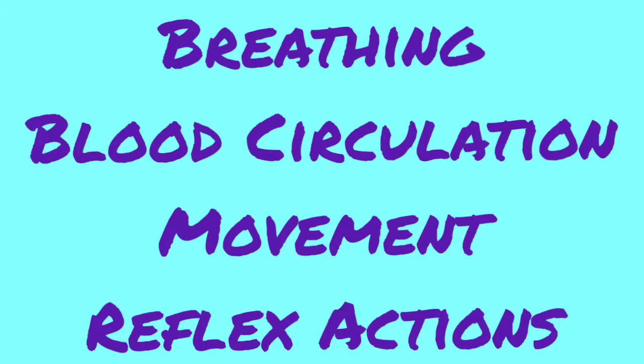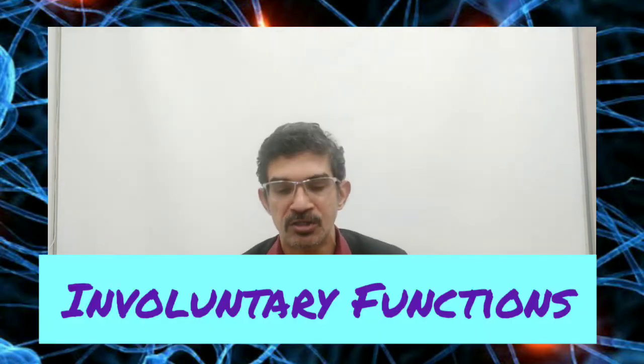It takes care of the functions required for basic survival: circulation of the heart, breathing, maintaining balance, walking, reflex actions. All of these are controlled by your reptilian brain, because if that doesn't work, it's a complete shutdown of your body. If your heart stops beating, or your lungs do not do respiration, you're not going to survive. So the very basic involuntary functions of the body are done in the reptilian brain.